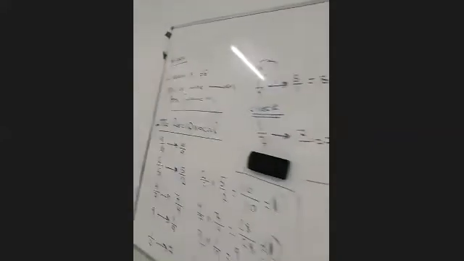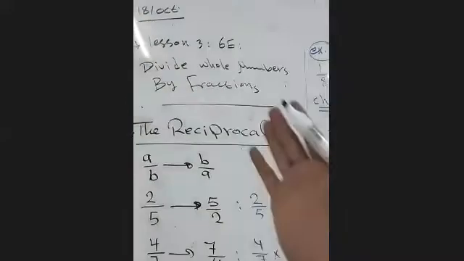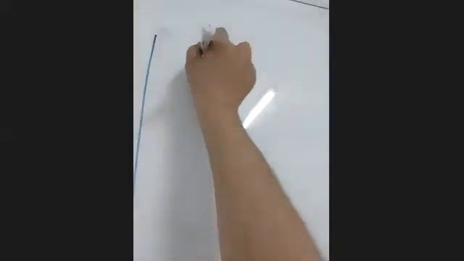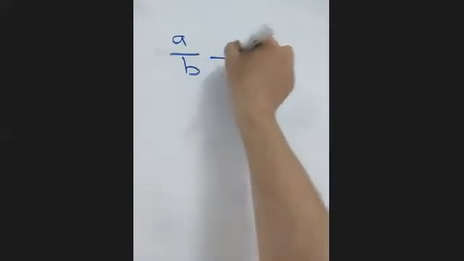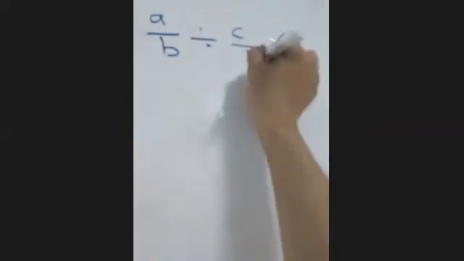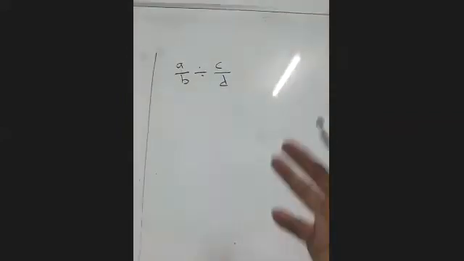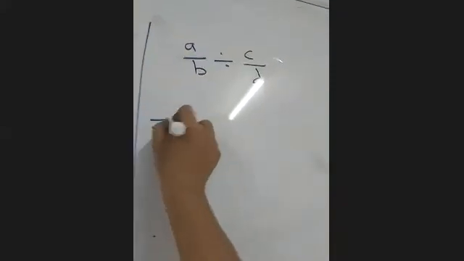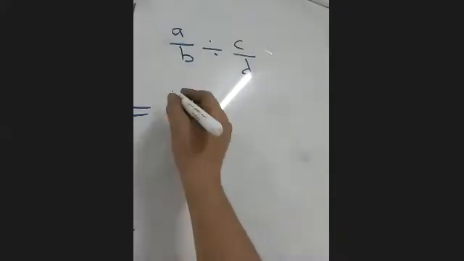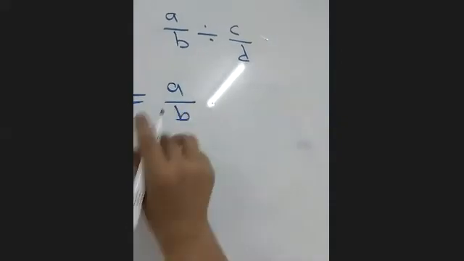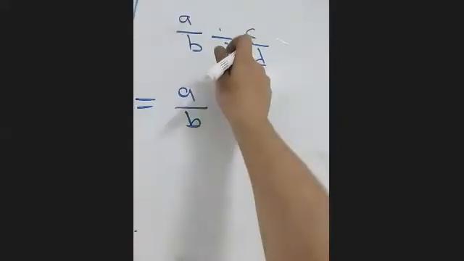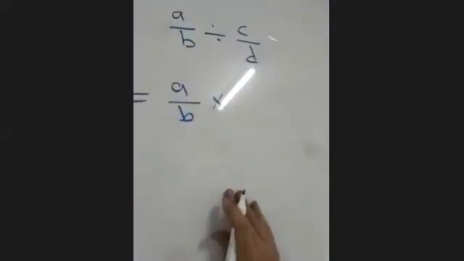Now, our lesson is to divide whole numbers by a fraction, but we talked about reciprocal and how we deal with it. Now, to divide two fractions, guys, let's say A over B divided by C over D. This is the formula. The first fraction stays the same, A over B. Then we turn the division to multiplication.